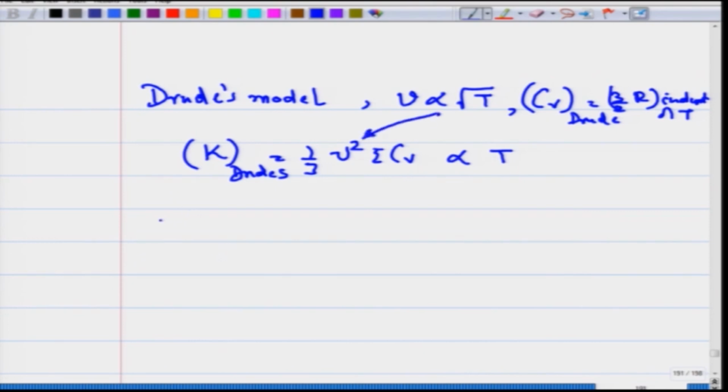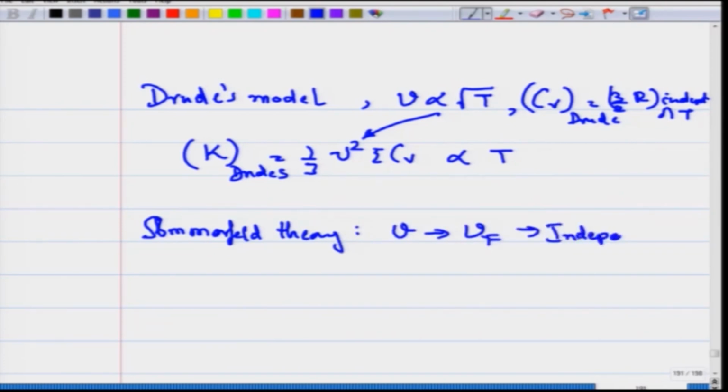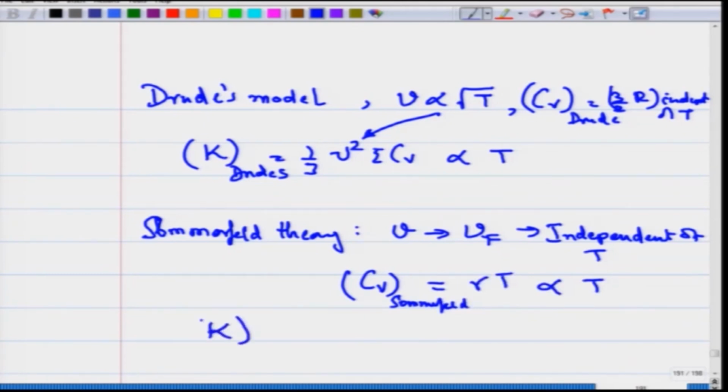And if you recall, in Sommerfeld's theory, the velocity is the Fermi velocity, which is independent of temperature, but the specific heat in Sommerfeld's model is gamma times T, it is proportional to temperature.